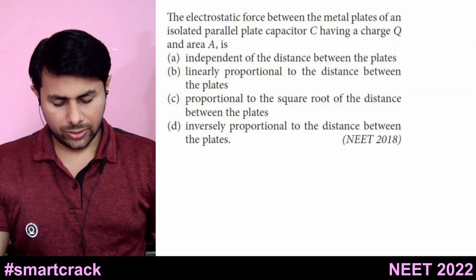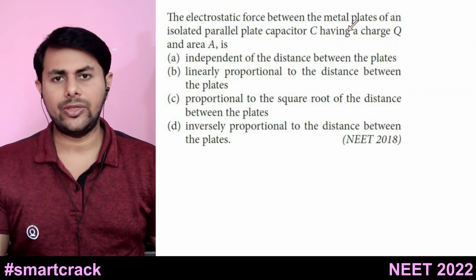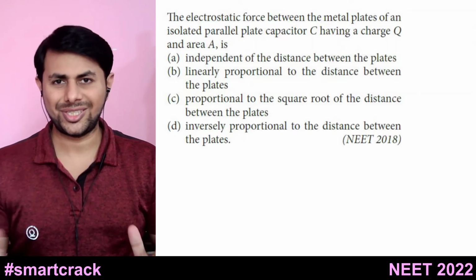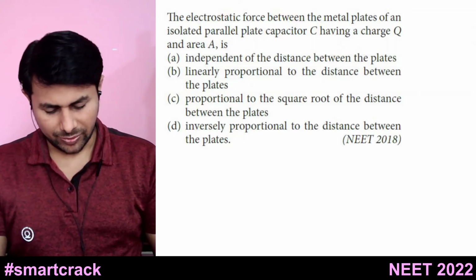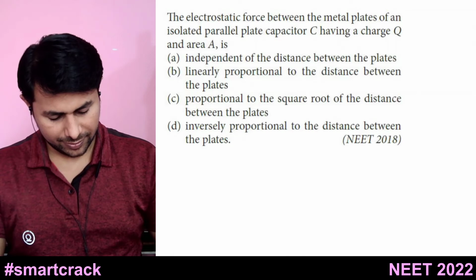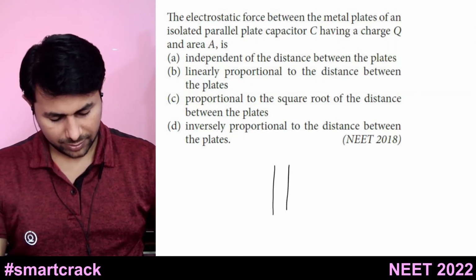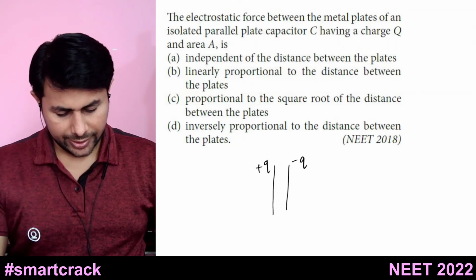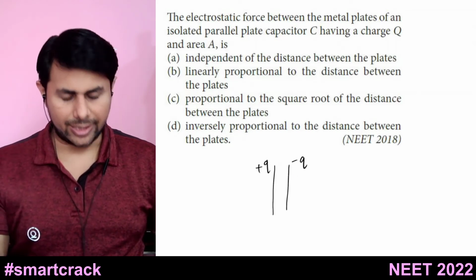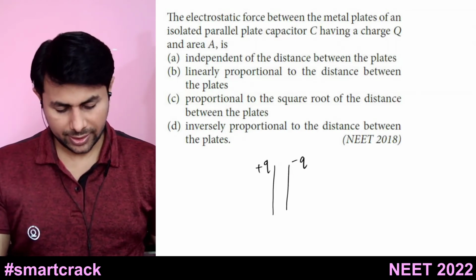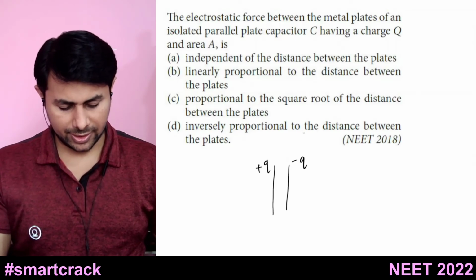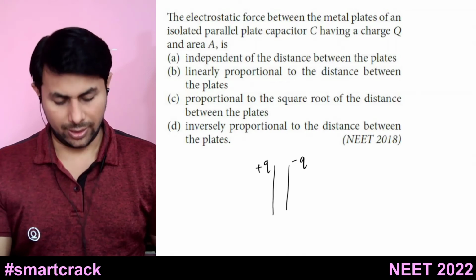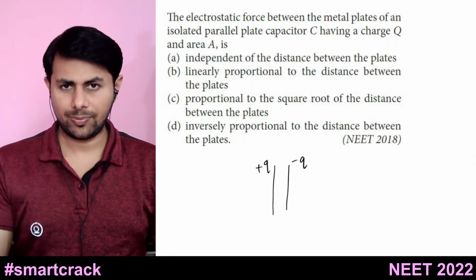Okay, so we have a parallel plate capacitor, so plus Q and minus Q. We want the force between these two metal plates. So does it depend on distance? Is it independent of distance? Is it inversely proportional to distance, etc.? This is the question. And the answer is very simple.